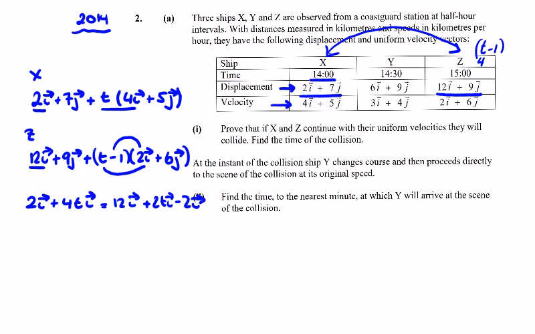So 2i plus 4ti on the left will have to be equal to 10i plus 2ti on the right. So bringing the t to the left, we're going to get 2ti. That will be equal to bringing the 2i to the right, 8i. So you can see here that t will be equal to 4.